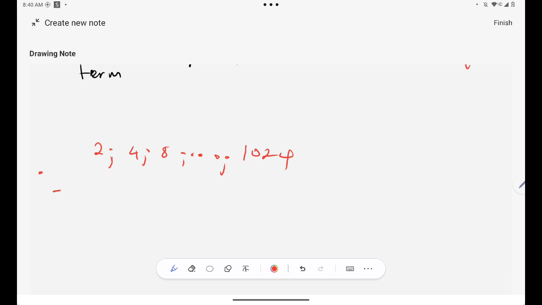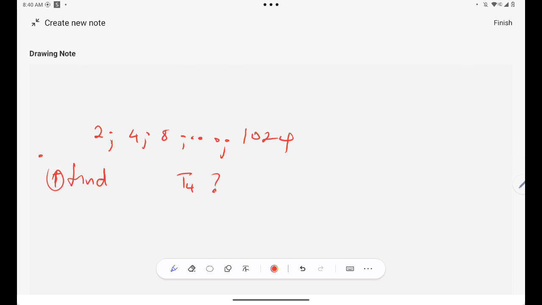Question number one, maybe let's say it says find the fourth term, T4. How can you do that? Already we do have our sequence here. Our sequence is 2, 4, and 8.